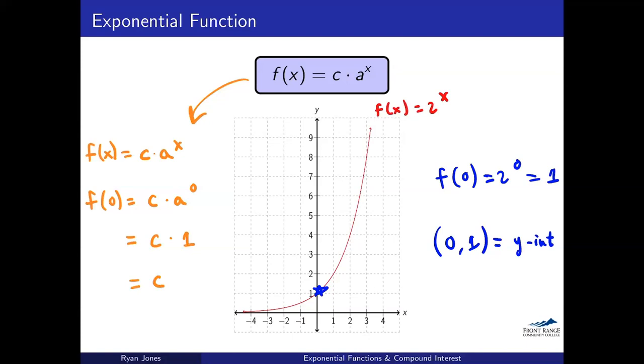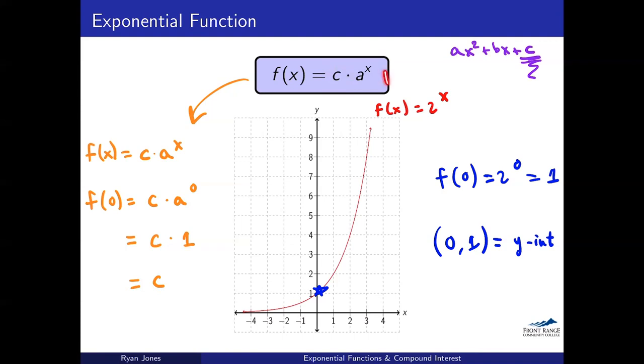And so a great shorthand for finding the y-intercept of an exponential function is just to look at this value of c right here. And we saw that before with parabolas. On a parabola, we had ax squared plus bx plus c, and it was just that value of c that was my y-intercept there. Here it's the same thing, it's just whatever this constant c is that's being multiplied out front.